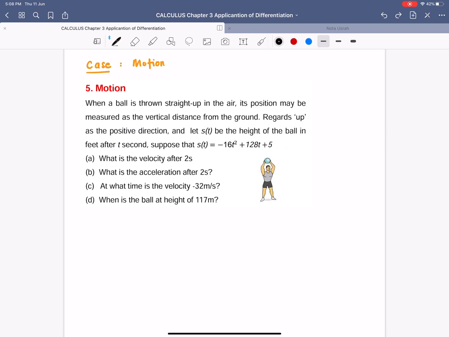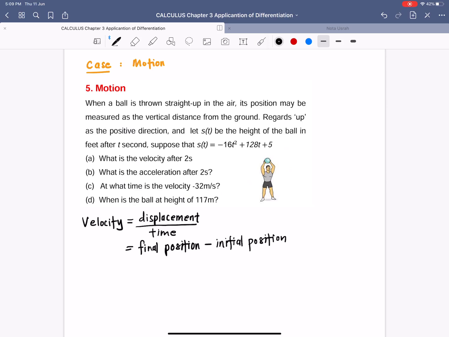The formula for velocity equals displacement over time, where this is equal to final position minus initial position over final time minus initial time.